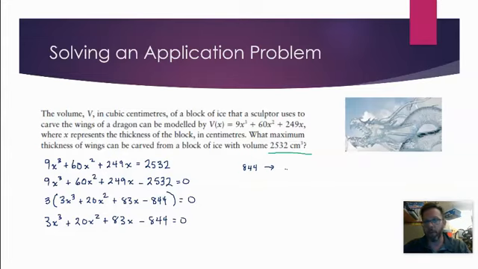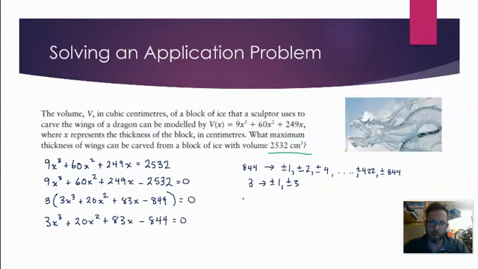Personally, I don't feel like we could list all the factors up to 844. I mean, if we really wanted to, 422 is a factor. That's a lot. Hopefully, one of these lower values is going to give us a possible root. Of course, the factors of 3 are a bit easier.